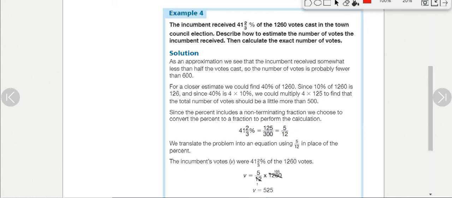Turn this into an improper fraction. 41 2/3 is the same as, well, let's slow down. 41 times 3 is 123 plus 2 is 125. 125 over 3, and then we want to divide that by 100 to get the fraction, or 100% if you want to think of it that way.